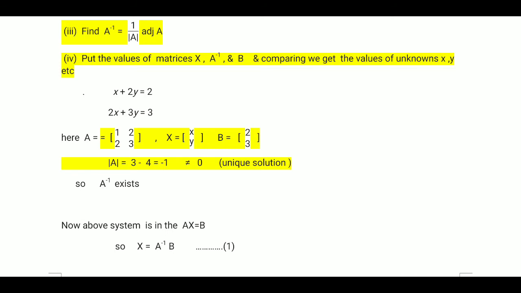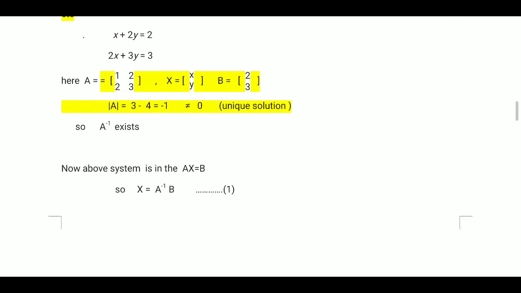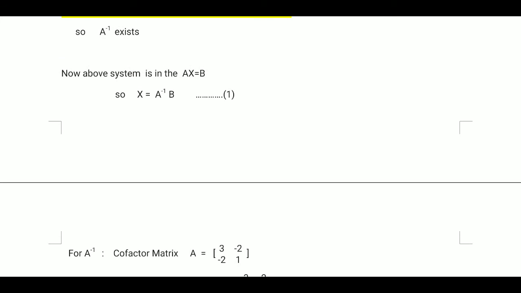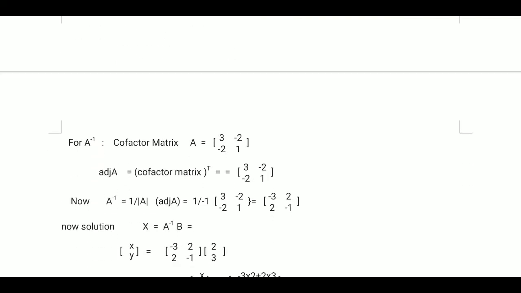So A inverse exists. So the system will be AX = B, and the solution will be X = A inverse B. Here we have the matrix X and matrix B, but A inverse is to be found. What will we do for finding A inverse?